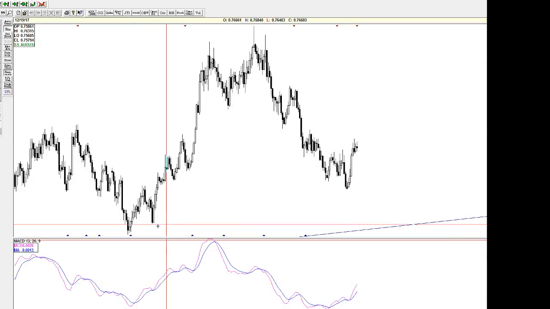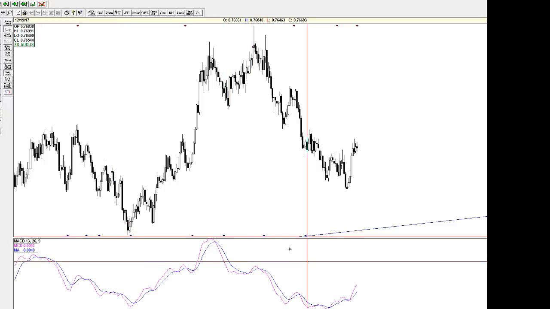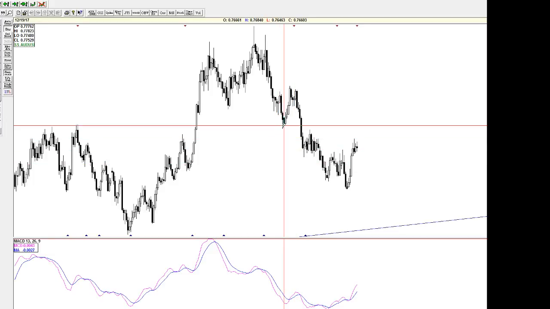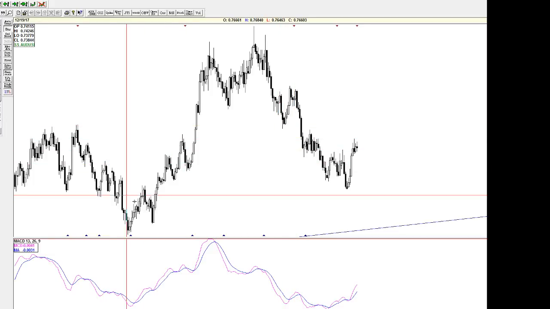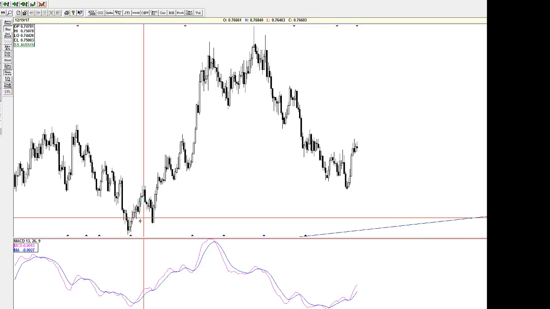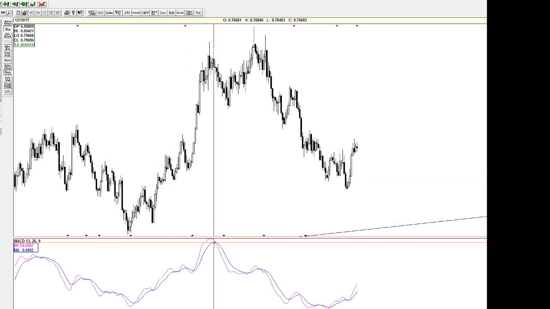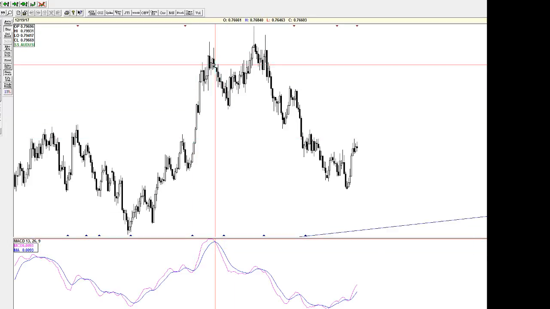The MACD, famous MACD. You can see we made a low here. We made a low here. Actually, let's go back. So we made the low here, and we go up, and look what the MACD does. The MACD gives you a swing top here. And right here, you're thinking the high is here. Wow, look at that.